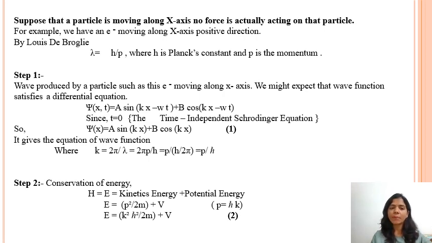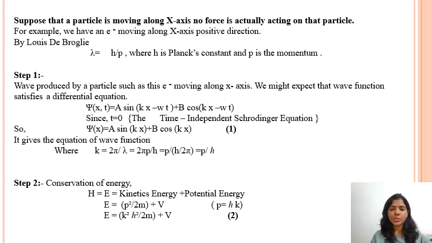In step 1, for the wave produced by a particle such as an electron moving along the x-axis, we might expect that the wave function satisfies psi(x,t) equal to a sin(kx minus omega t) plus b cos(kx minus omega t).